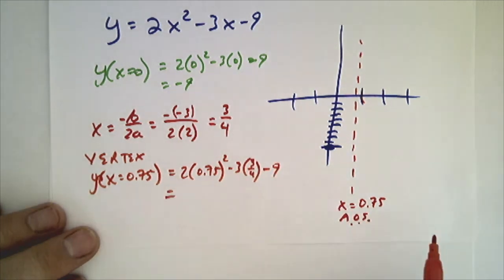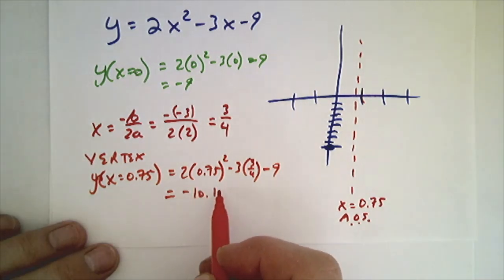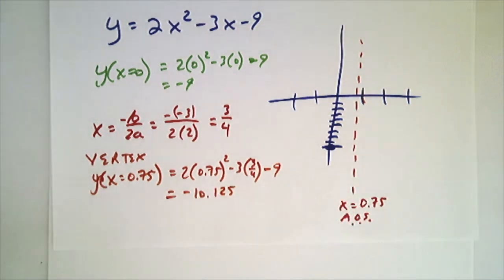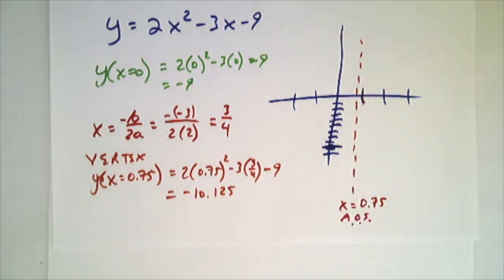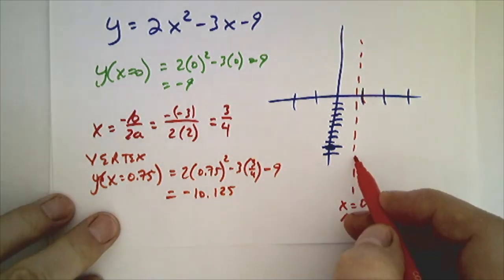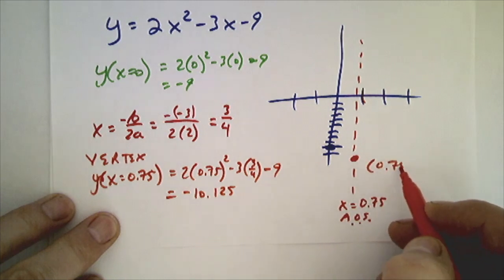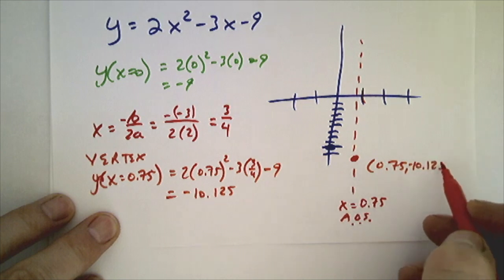And that equals a value of negative 10.125. So if this value was 9, this would be 10, just not too much lower. So right about there, label that number as 0.75, comma negative 10.125.